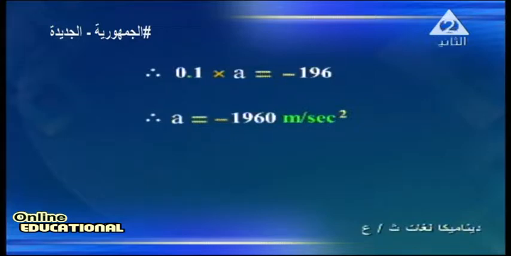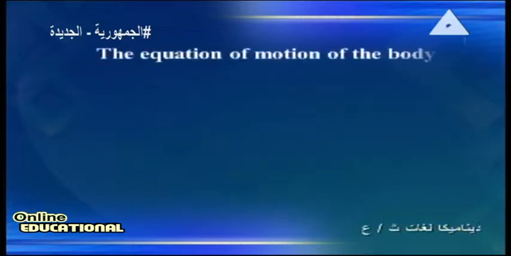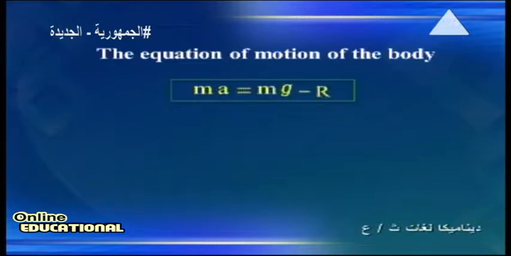What is the equation of motion of the body in the sand? Yes, ma equals mg minus r. ma, the mass times the acceleration, equals the resultant of the forces acting on the body. The body moves in the sand under the action of two forces. The first force, mg, the weight of the body, is vertically downward.